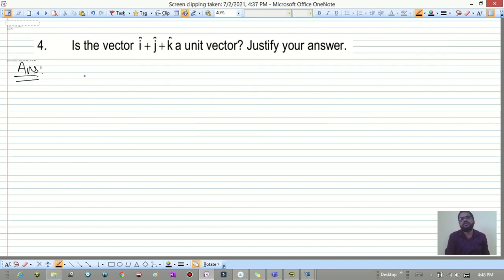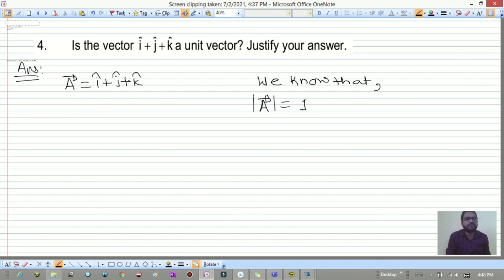Fourth question, see here: is the vector i hat plus j hat plus k hat a unit vector? Justify your answer. As you can see, the given vector a bar is equal to i hat plus j hat plus k hat. We know that the magnitude of a unit vector must be equal to 1.